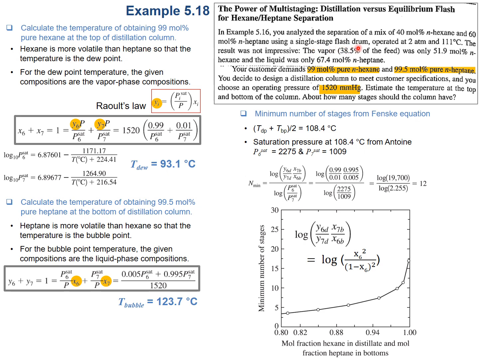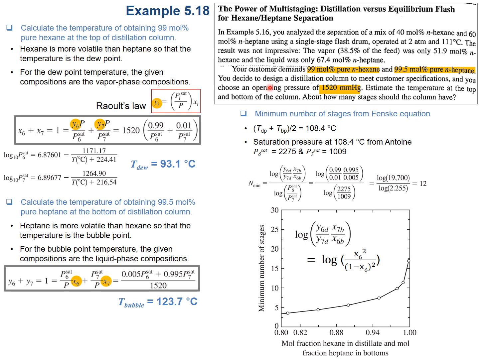So I'd like to use multiple stage flash drums, which is the so-called distillation column or tower. Your customer demands 99 mole percent pure hexane instead of just 52 mole percent, and 99.5 mole percent pure heptane, which is much higher than the about 70 mole percent heptane obtained from the single stage flash drum.